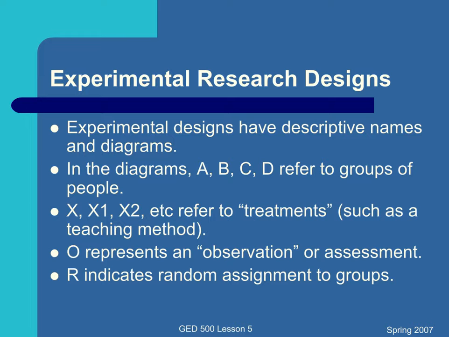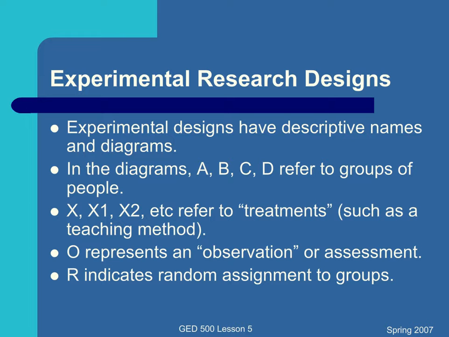And then O represents observation or assessment. So if you're looking at, which we'll talk about a little bit later, like single subject research, the intervention is something that you want to observe to see if a behavior can be reduced, for instance, or you want to see if a particular teaching method works. So you're going to observe the kids to see how this is affecting the particular students.